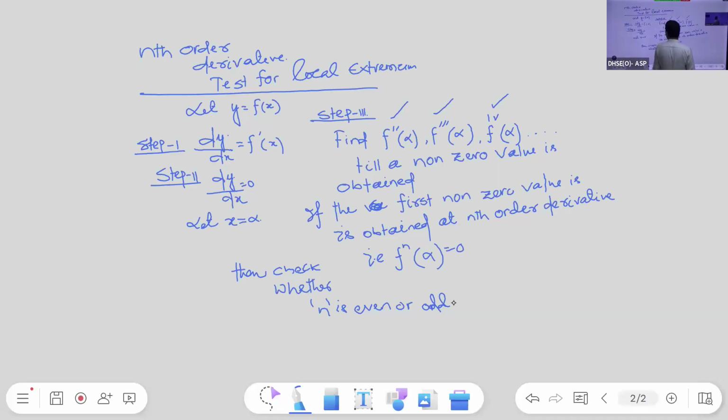So guys, quickly note it down so that I will move forward to the next page.